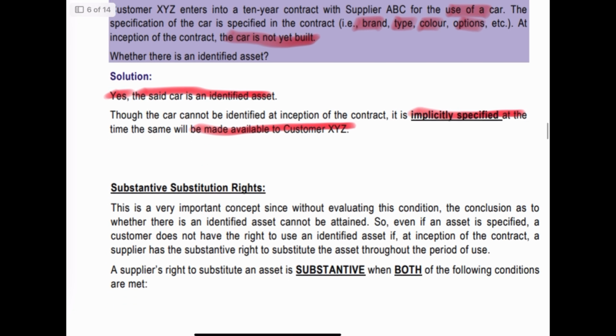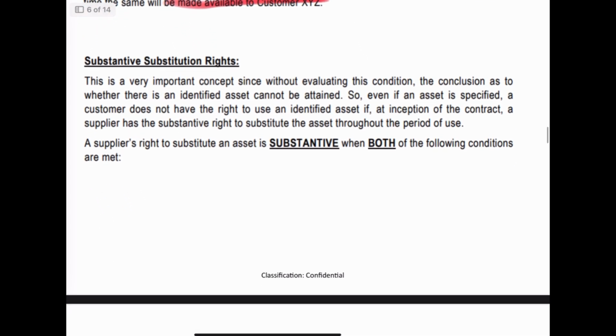Okay, then we'll move on to another important concept, substantive substitution rights. This is a very important concept, since without evaluating this condition, the conclusion as to whether there is an identified asset cannot be arrived at.